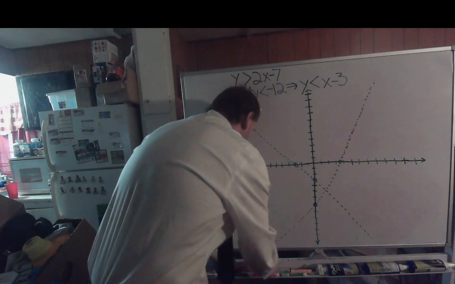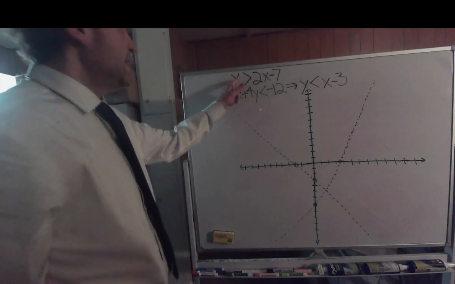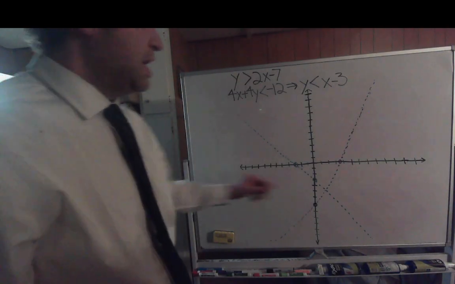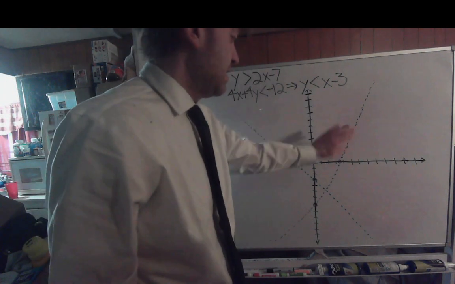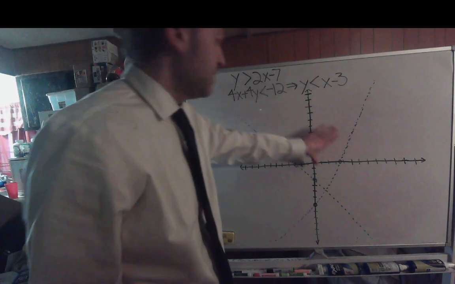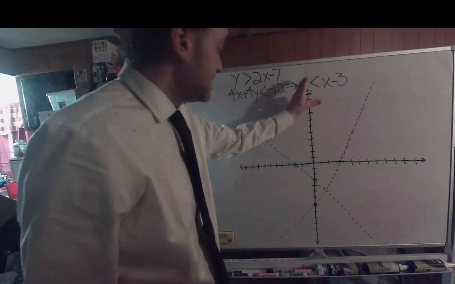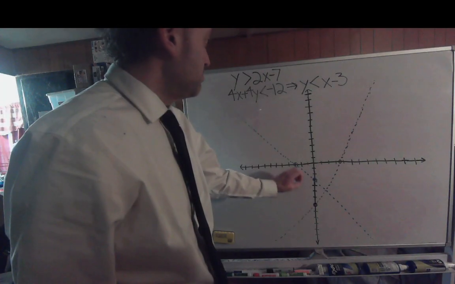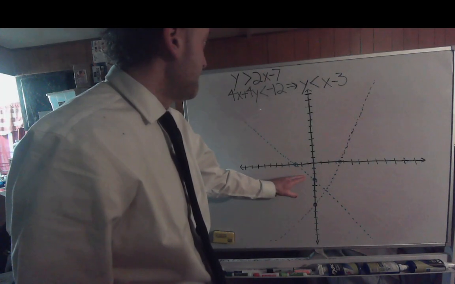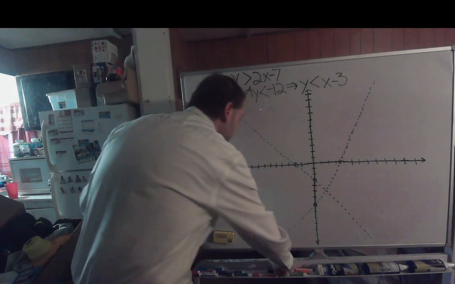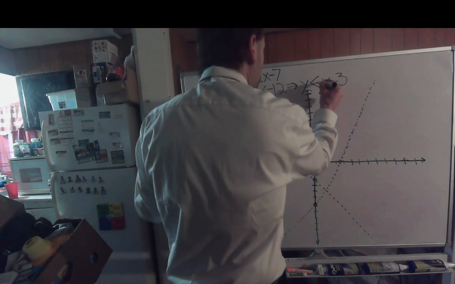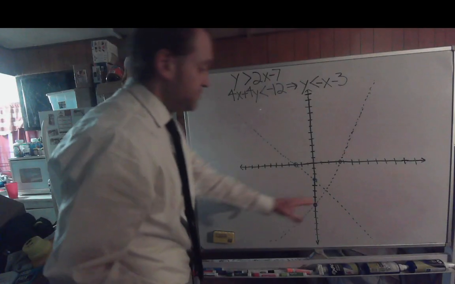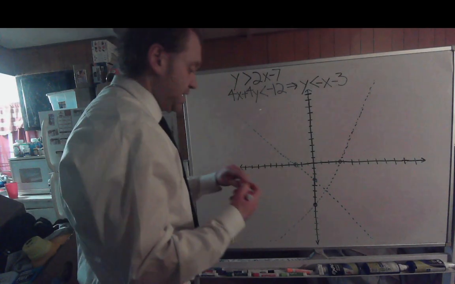So, we want to shade the region where y is greater than 2x minus 7. So that's going to be above this purple dotted line here, since y is greater than it, but less than -x minus 3, which would be below this, I'm sorry, that should be -x minus 3 still. It's going to be below that blue line, so above the purple line but below the blue line.